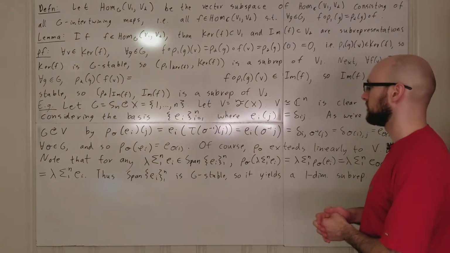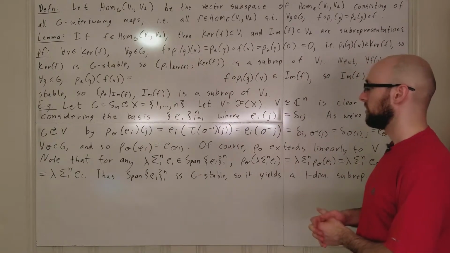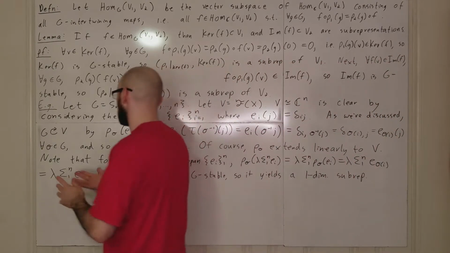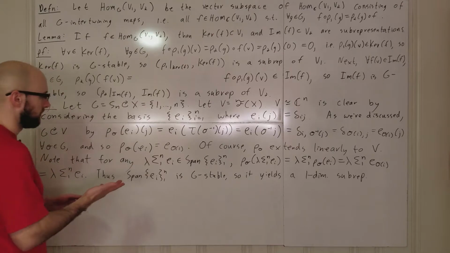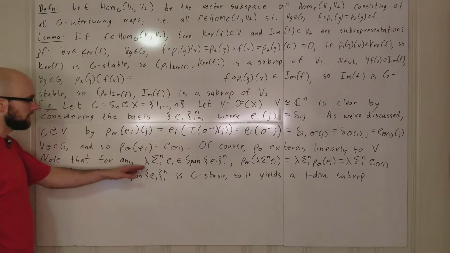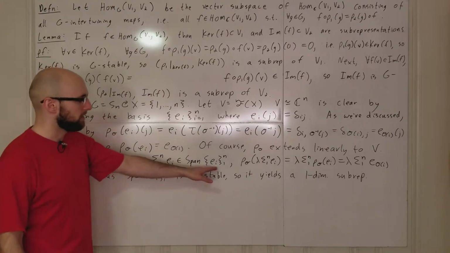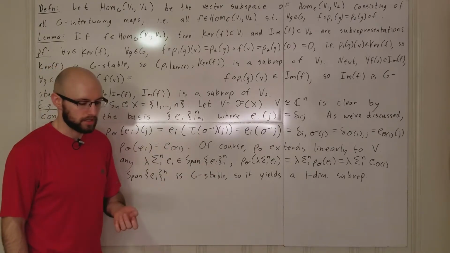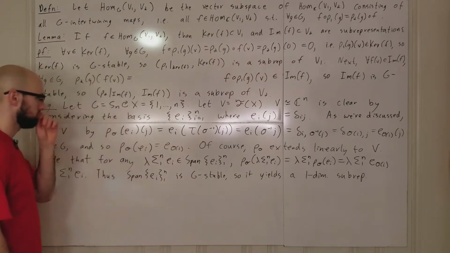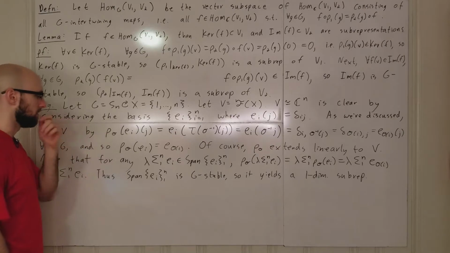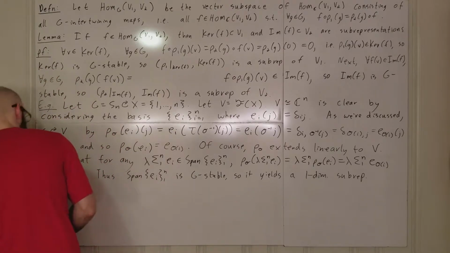Okay, but now let's look at subspaces. So here's a subspace that's not too difficult to find. So if you take the element lambda, some element in the span of the... Ooh. No, this is not quite right.